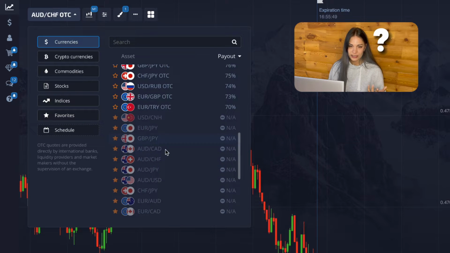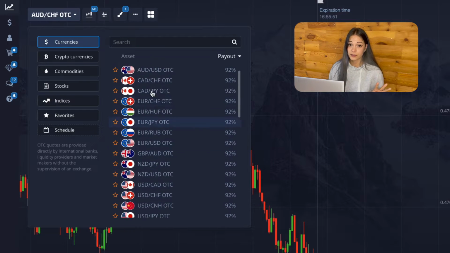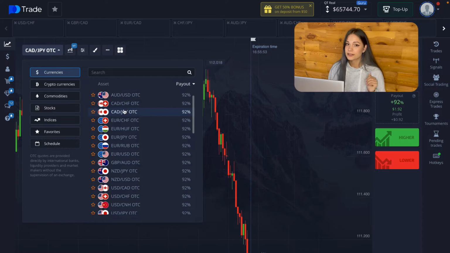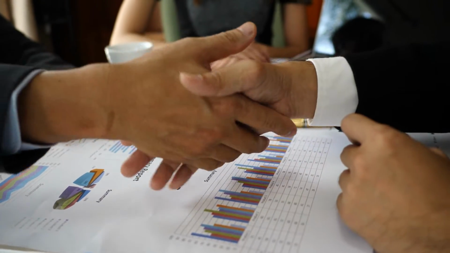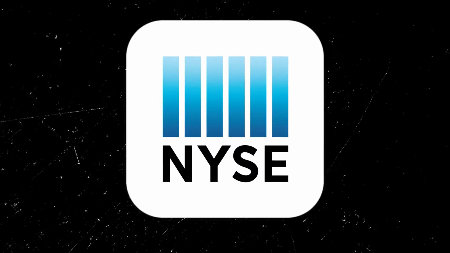So the main question is, if the real currency pairs are closed, where does the price come from on the OTC pairs? In the standard sense, OTC, or over-the-counter, refers to transactions done directly between sellers and buyers, bypassing a centralized exchange such as the New York Stock Exchange, for example.